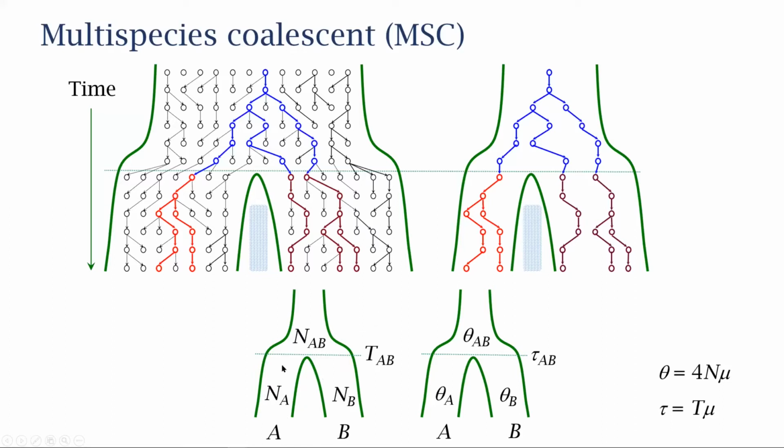Then we have 3 population sizes instead of just 1. There's also a species divergence time. So there are 4 parameters instead of 1 parameter as in the single population version. Usually this model is aimed at analysis of molecular data, so we scale time by mutations. Basically we multiply these parameters.